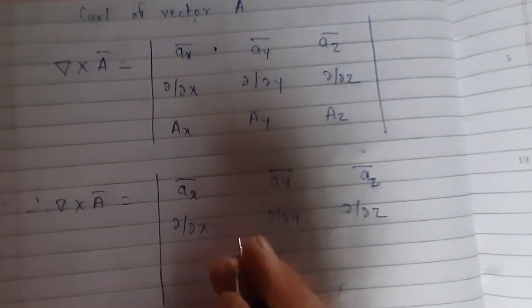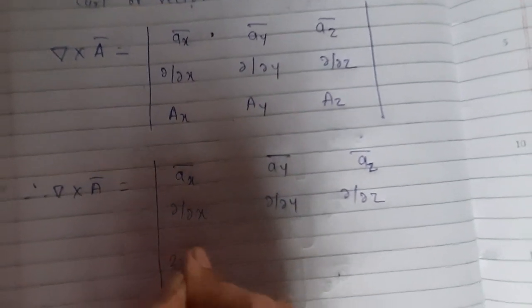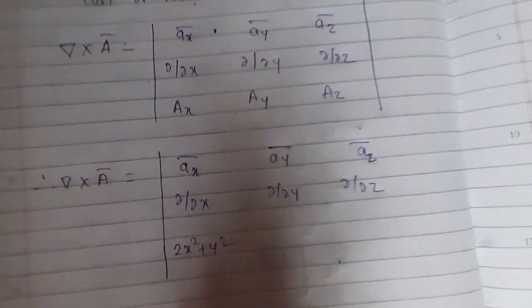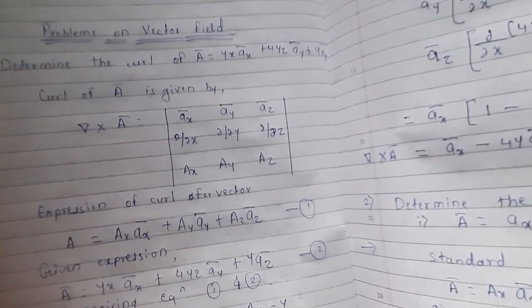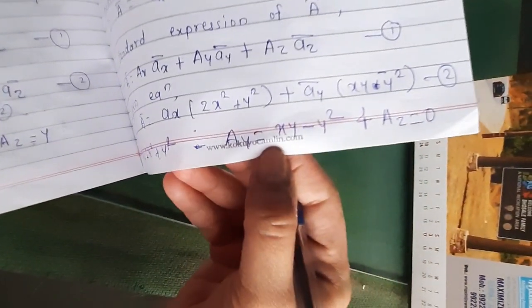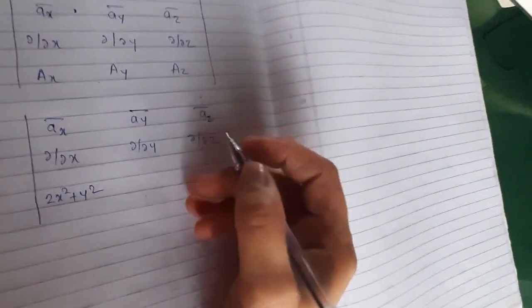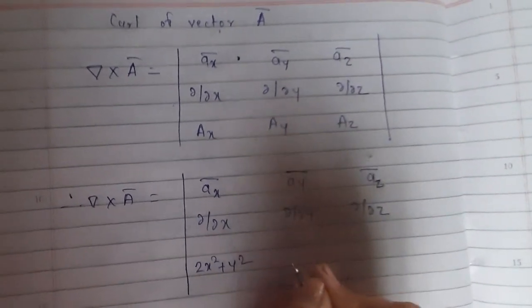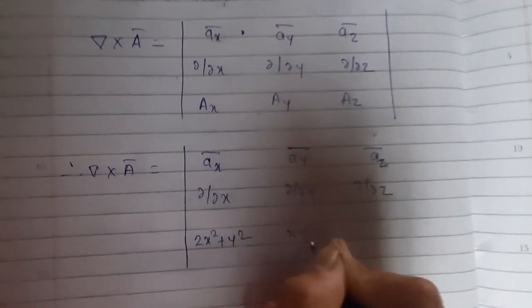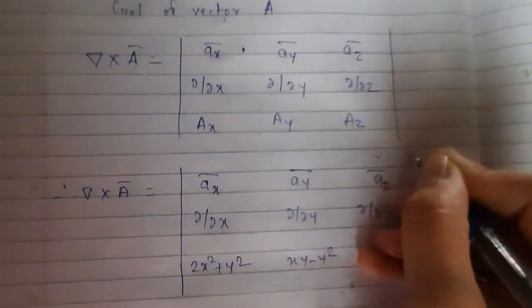The value of Ax is 2x square plus y square, the value of Ay is xy minus y square, and this is 0.